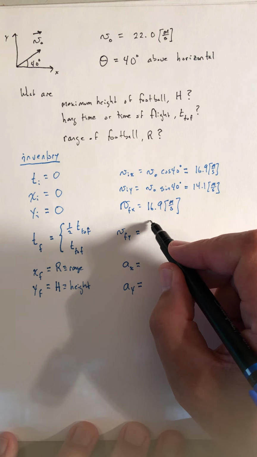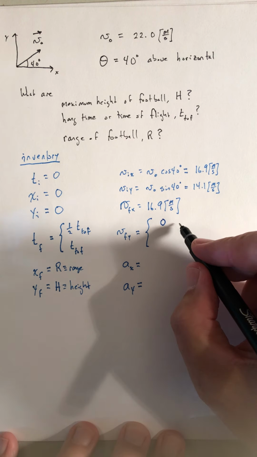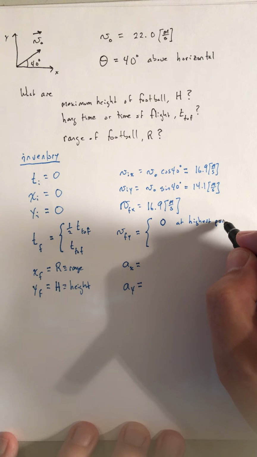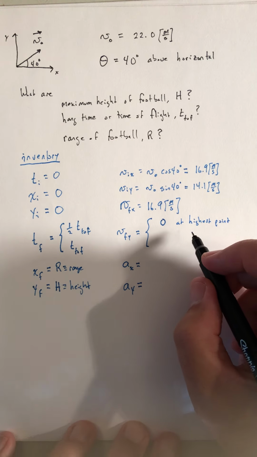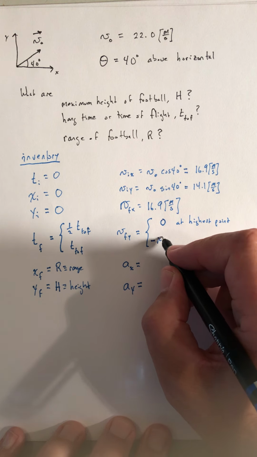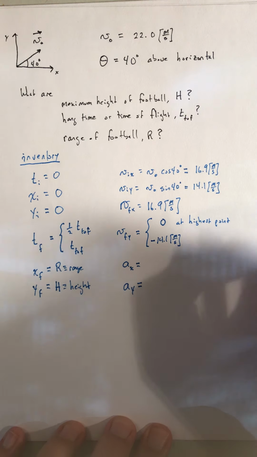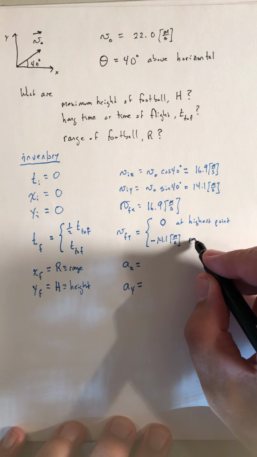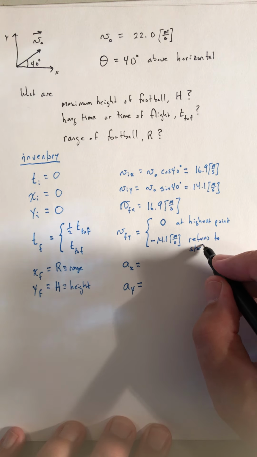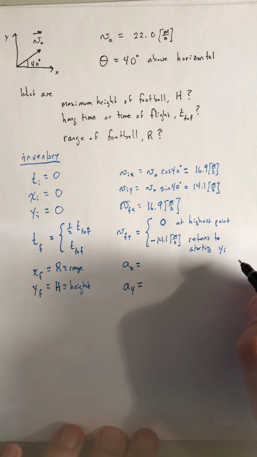V final y, I'm going to take it to be 0 when it's at the highest point, and V final y is going to be minus 14.1 meters per second when it returns to starting y initial.